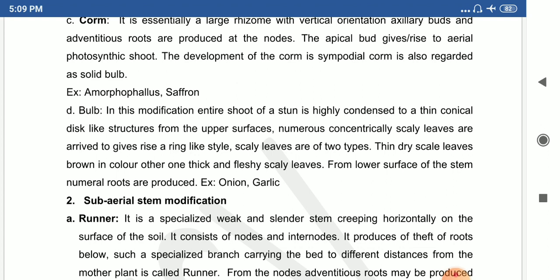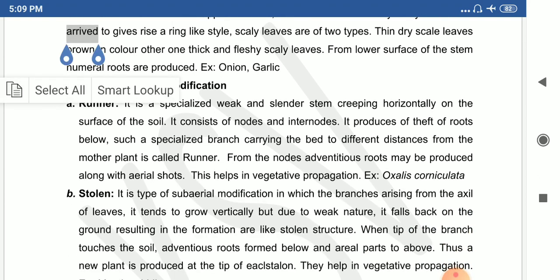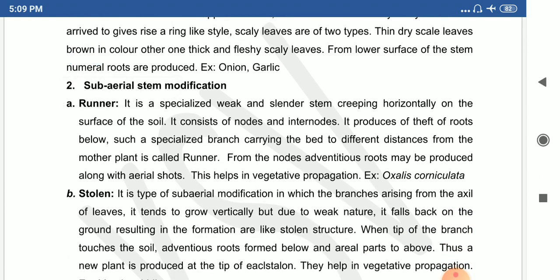Those are called a bulb. Examples are onion and garlic. Okay, so all of these, rhizome, corm, bulb, and tuber, are meant for storing food in the underground portion. All these four are underground shoot modifications or stem modifications.